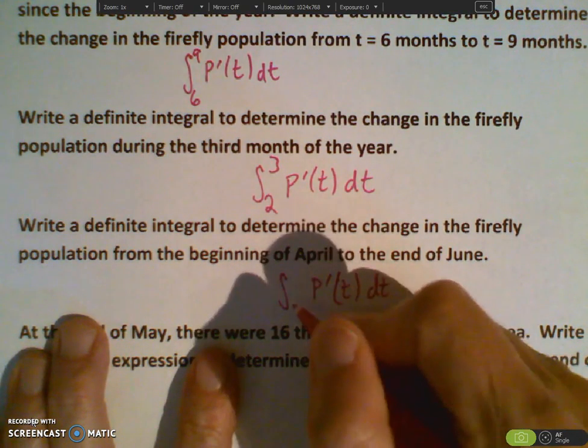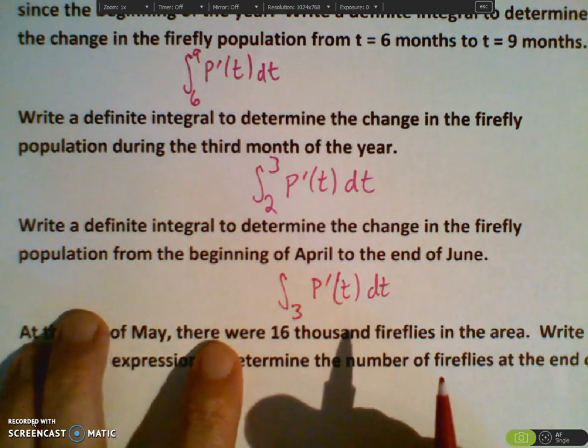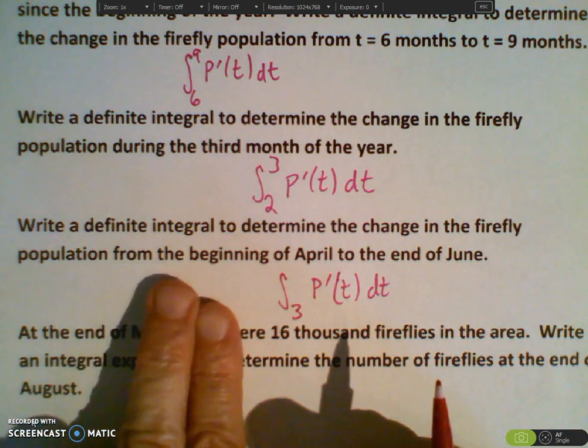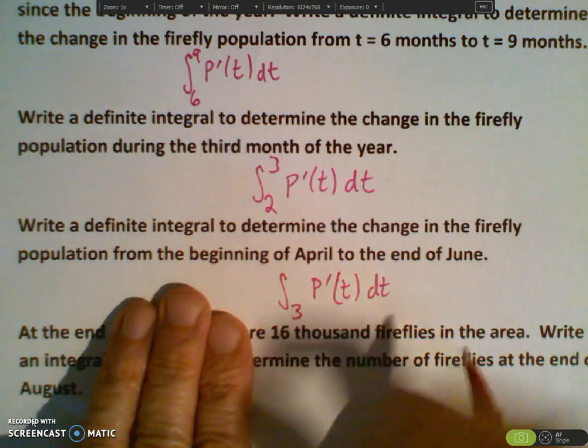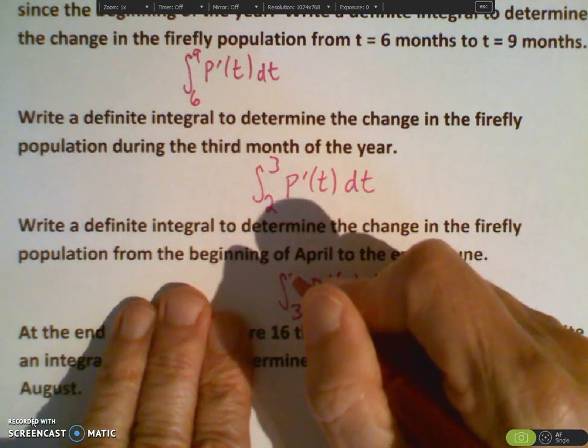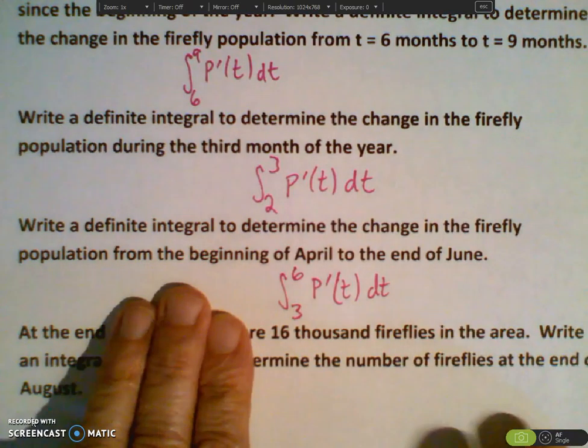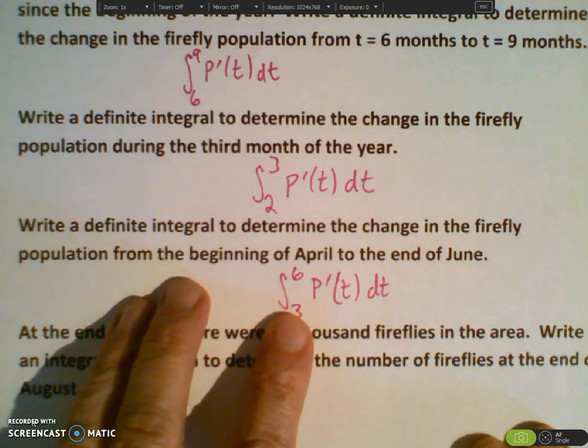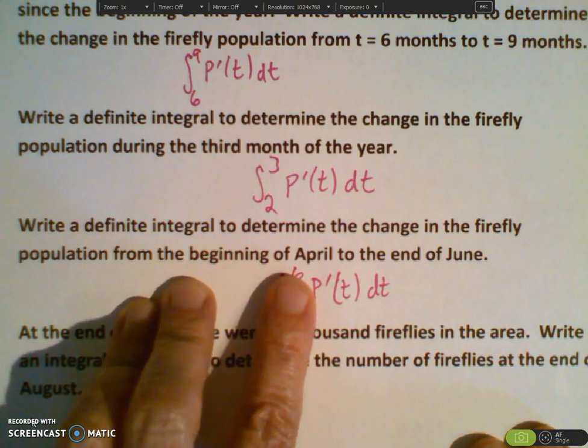The trick is, this starts at 3, and then you have April, May, and June. And so you have a total of 3 months, starting from 3, add another 3 months, and you're going to be at 6. And so this definite integral is going to sum up 3 months worth of firefly population.